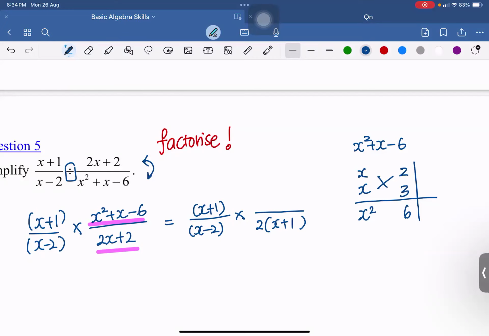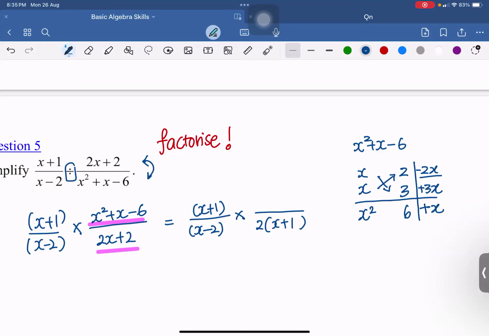2 times 3. X times 2, 2x over here. X times 3, 3x over here. I want a positive x. Which one should have a positive sign? The 2 or the 3? 3, right? 3 minus 2 to give you positive x.